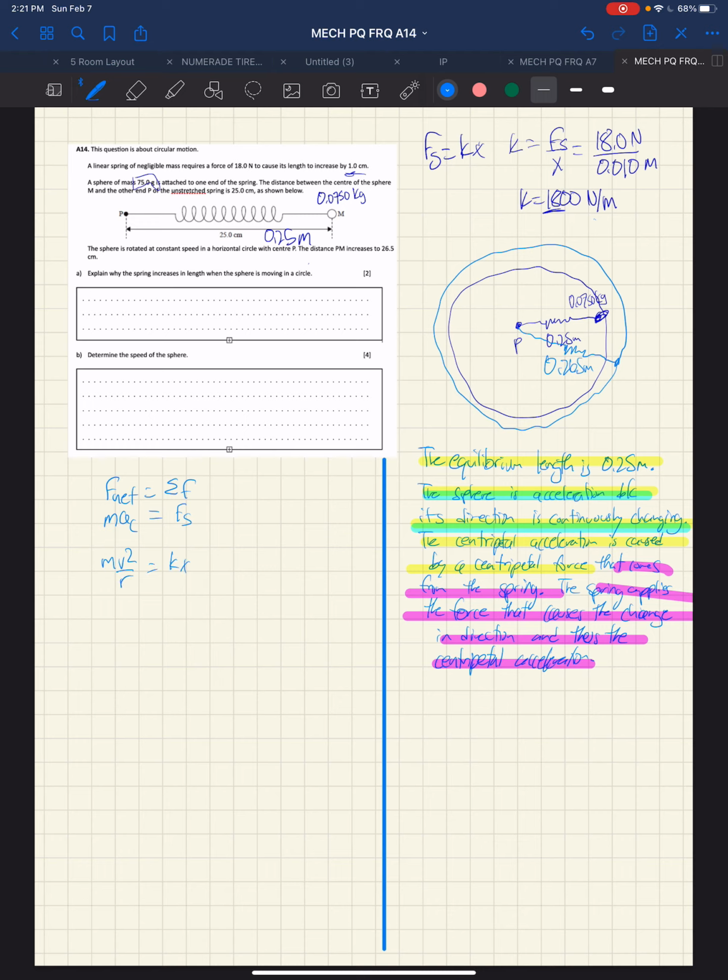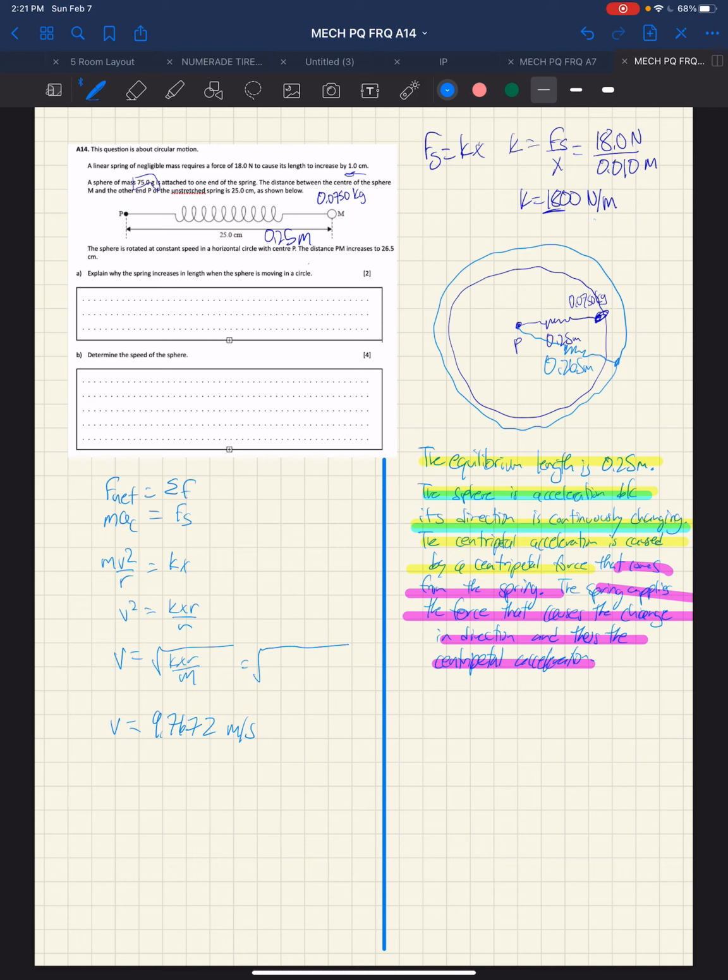And if we're looking for V, we need to solve for V. So V squared is Kxr over M. And then V is the square root of Kxr over M. And when we divide that out, we get 9.7672 meters per second.